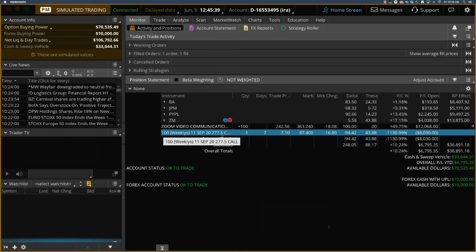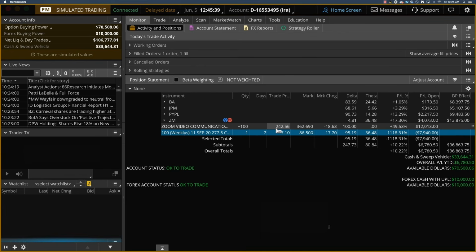What does that mean? Well, that means that the investor gets from $242.56 up to $277.50. Guys and gals, that's about $33-ish or $3,300. But remember, that's not all. The investor also gets the premium on top. So they get the stock appreciation from $242.50 or so to $277.50, $35.